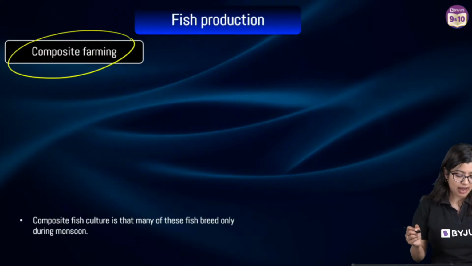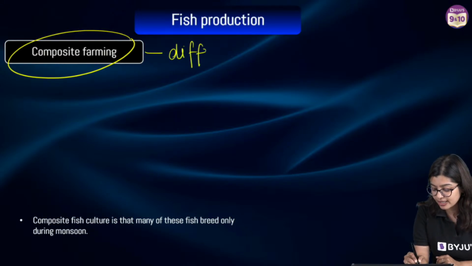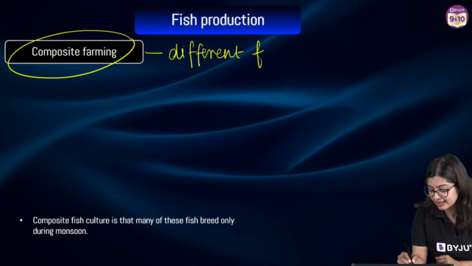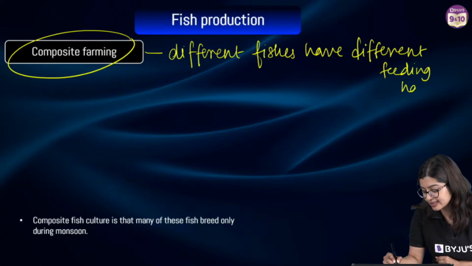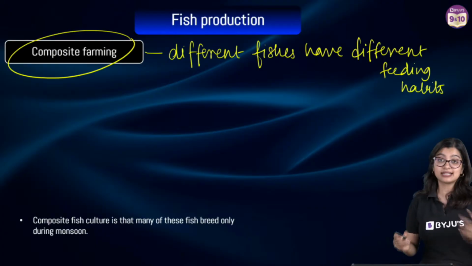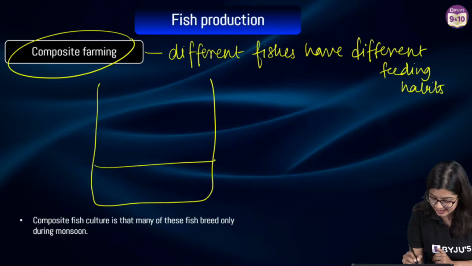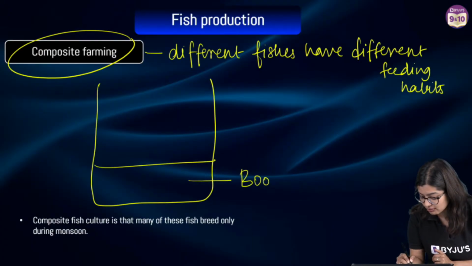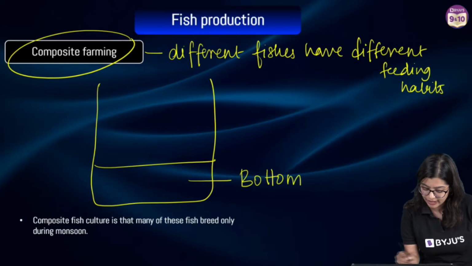Now composite farming is based on the fact that different fishes have different feeding habits. That means that there are some fishes which are bottom feeders, right? So some fishes feed deep in the ground, which we will call bottom feeders.